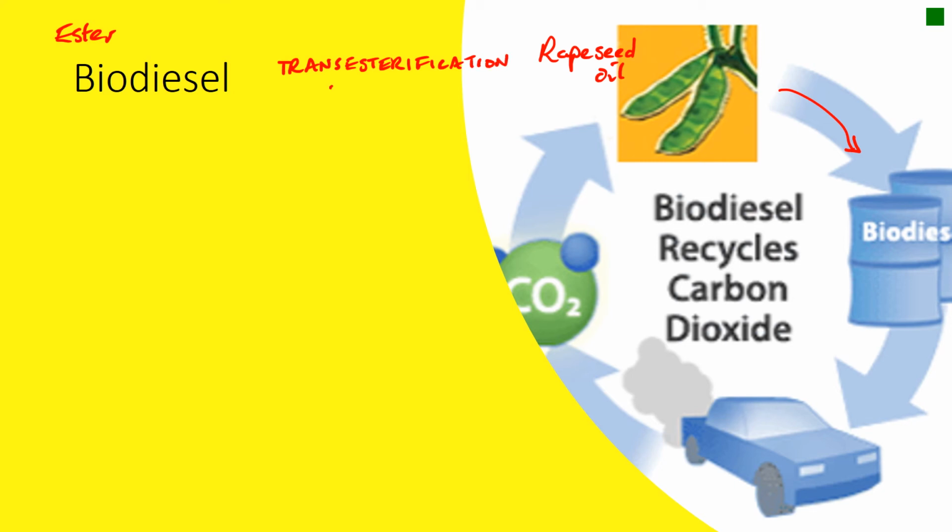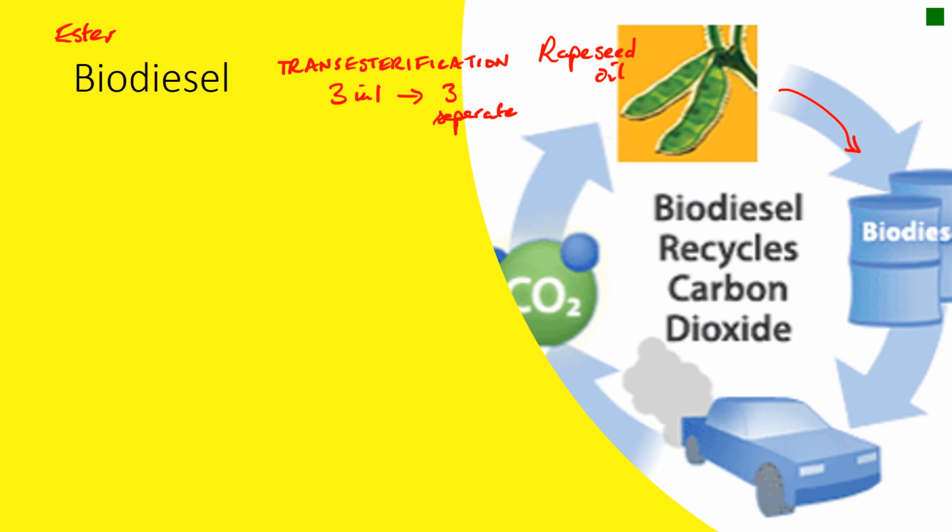It just means splitting the 3 fatty acids that are combined together in the ester that comes out of rapeseed oil. So that's like 3 in 1, right, to 3 separate esters. Let's have a look at doing that now to make it clear.